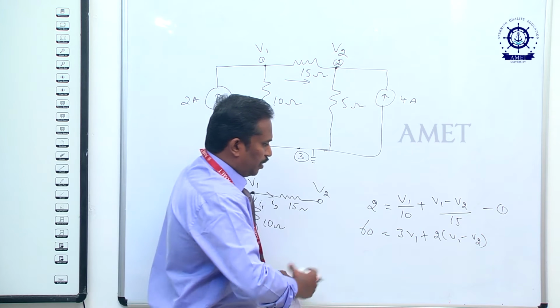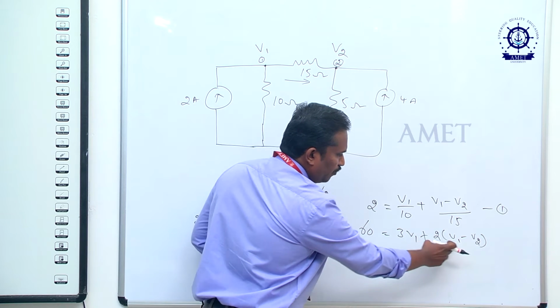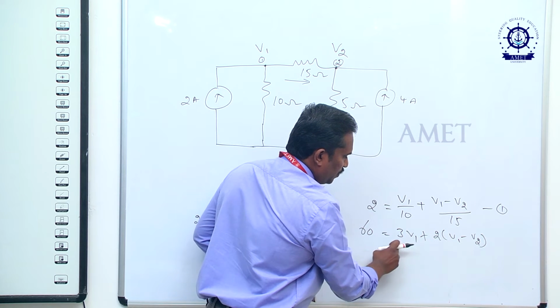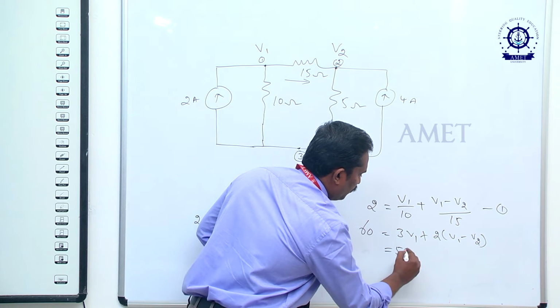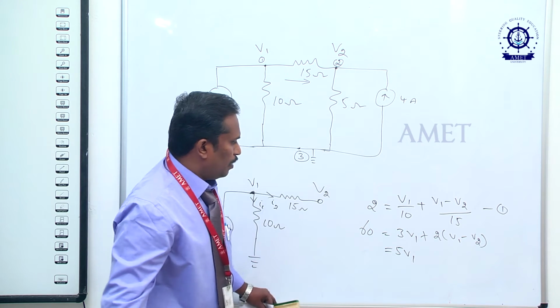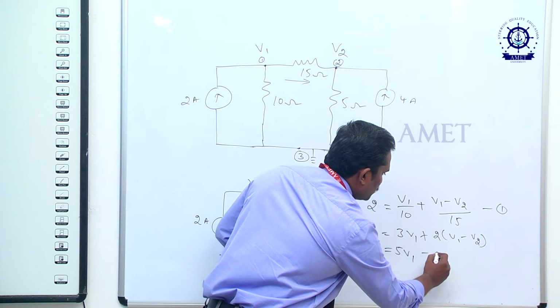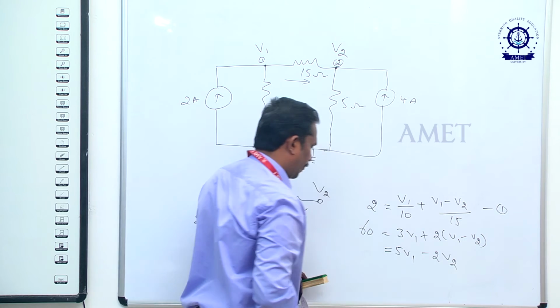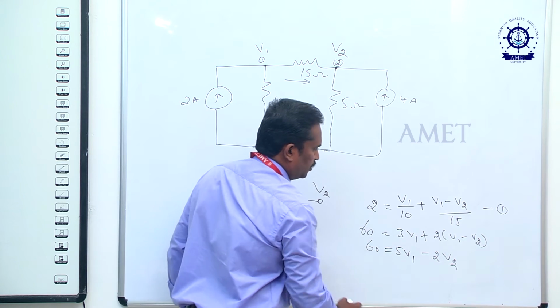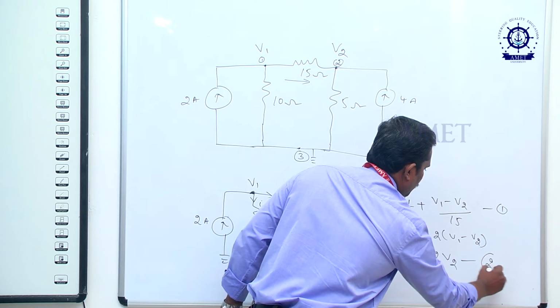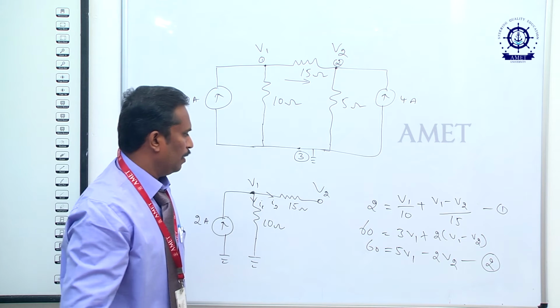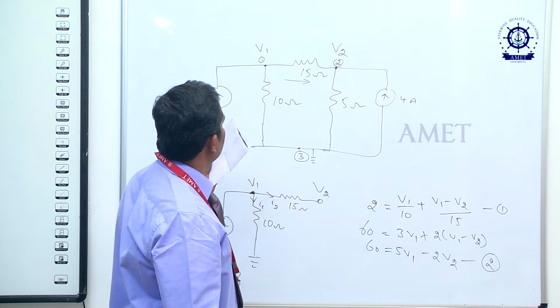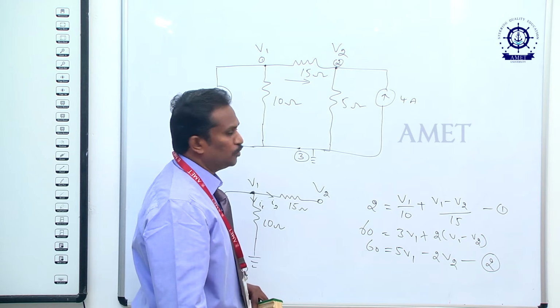Then rearrange the equation. Here we have 2 V1 terms, 2 V1 plus 3 V1, so 5 V1, and then minus 2 V2, which is equal to 60. Consider this as equation number 2.